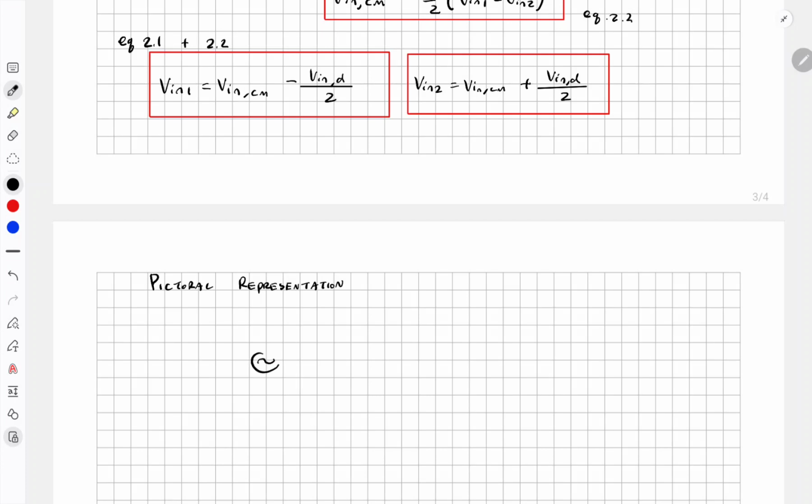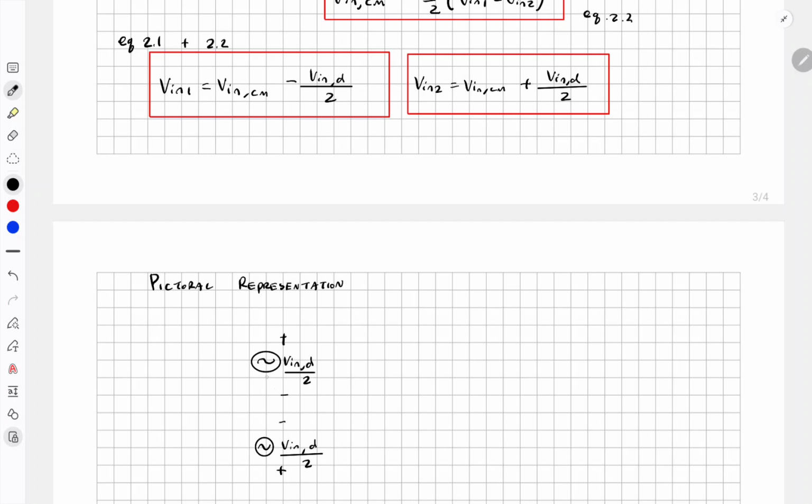So imagine we have V in D, and then we have V in D again, but the difference is one has the minus sign on top, the other has the minus sign at the bottom. Let's put this like this.